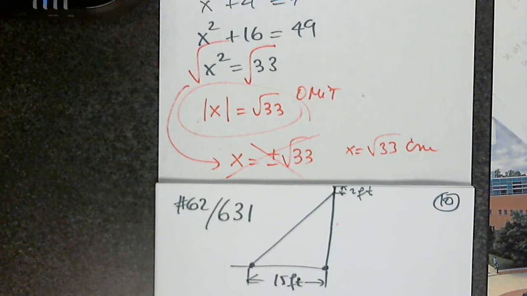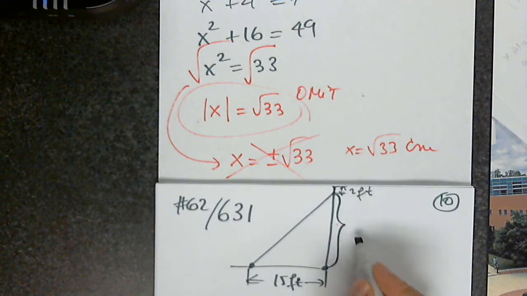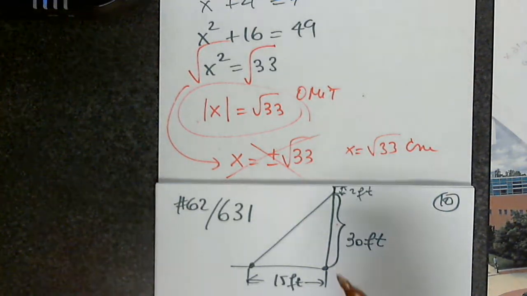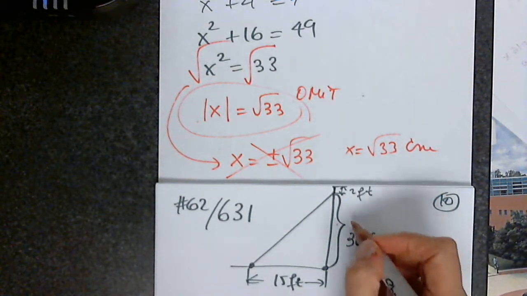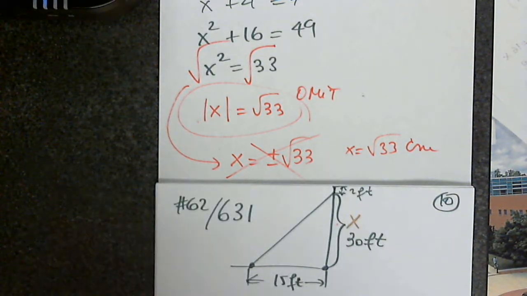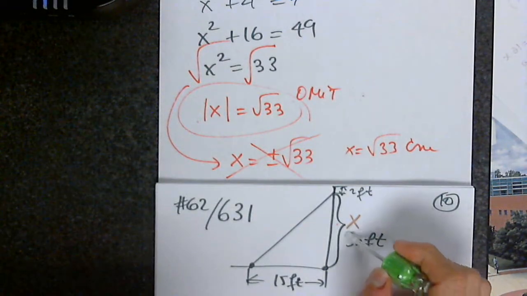How high from the base of the pole can the wire be attached? So one more time, it says that 2 feet are reserved for something else. So, oh, I'm sorry. This is not what I meant. I meant to write x. See, too much entertainment. That's what it is.